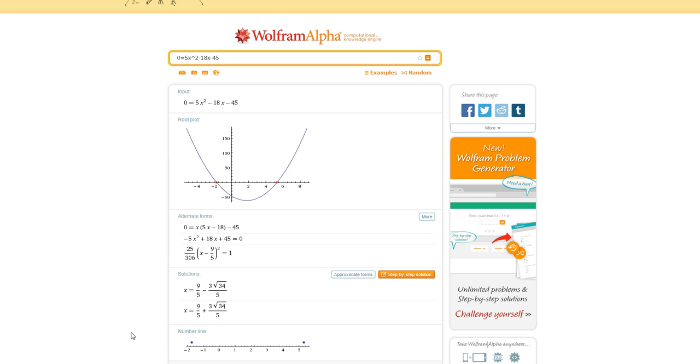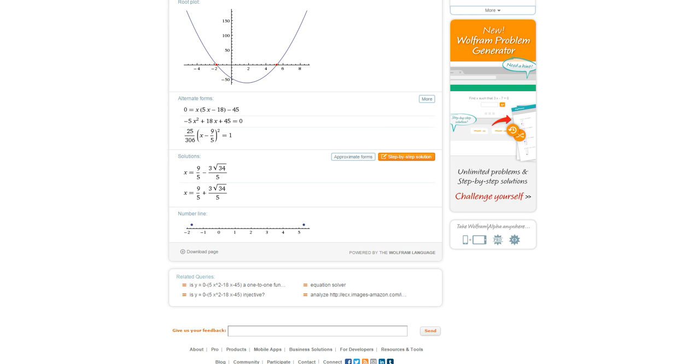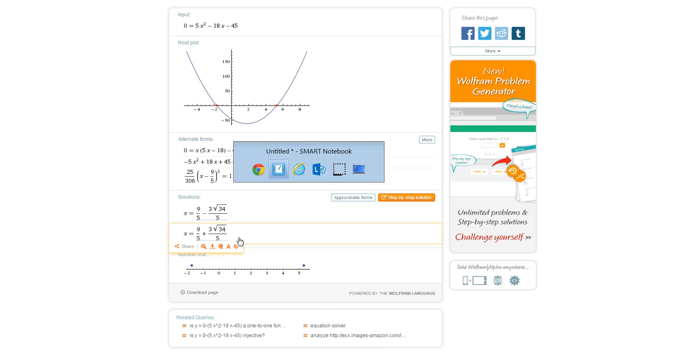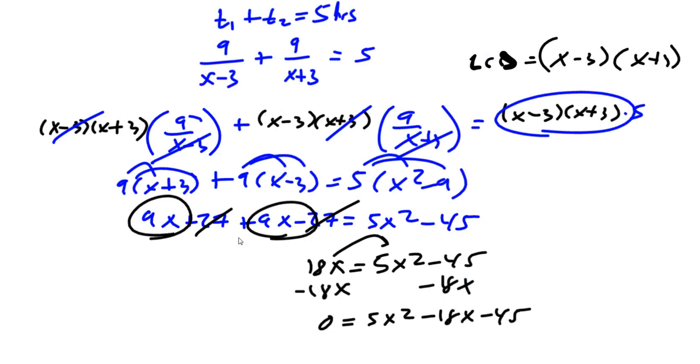We also have the decimal versions: negative 1.8 or so, and then 5 point something. I think the answer was supposed to be written in decimal form. You can't have a negative speed, so you cross that out. The answer has to be the positive one, and if you plug that into your calculator, I believe it was about 5.3.